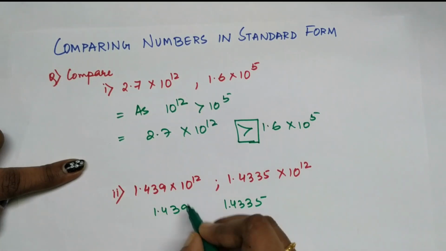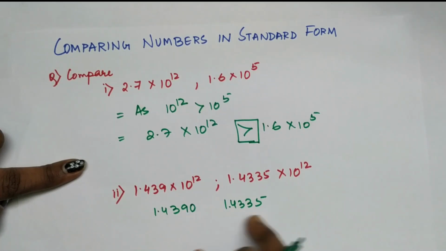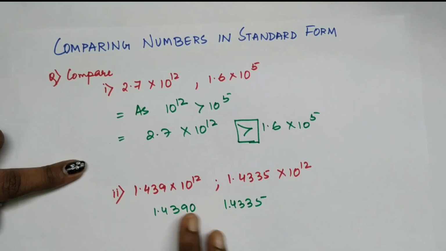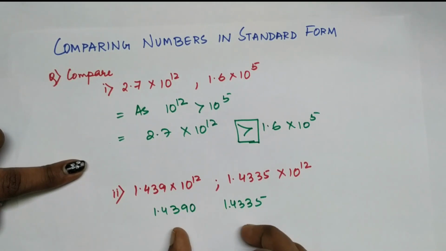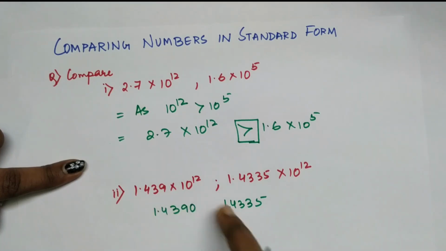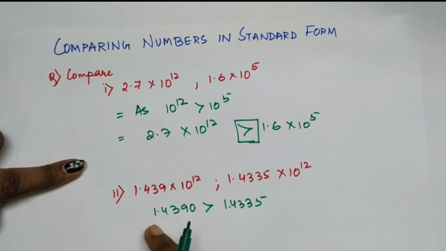So first we will put a 0 here so that both decimals become like decimals. Once these two have become like decimals, you just forget about the decimal symbol. You see whether the number 14,390 is bigger or 14,335 is bigger. Obviously 14,390 is bigger.